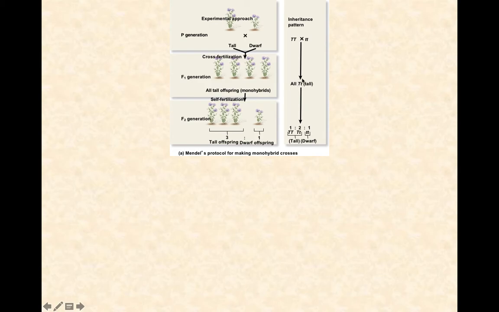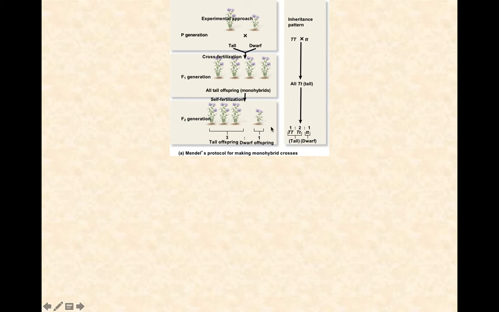tall parent with a homozygous recessive dwarf parent, and we ended up with heterozygous tall F1 offspring. But now when these offspring are either self-fertilized or fertilized amongst each other, each gamete gets either the big T allele or the little t allele, but not both, because we know that in meiosis we separate the alleles out as we reduce the ploidy from diploid to haploid. And so half the gametes would have the big T, half would have the little t, and if we cross that with another heterozygote, half would have big T, half would have little t.